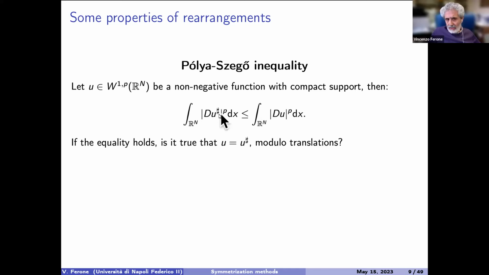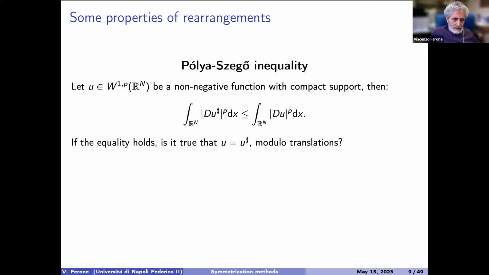If you have a function which is negative and positive, then you can go to the modulus. So in any case, here you have the rearrangement of the modulus essentially. I didn't say that, but there are some ways to rearrange functions saving the sign.